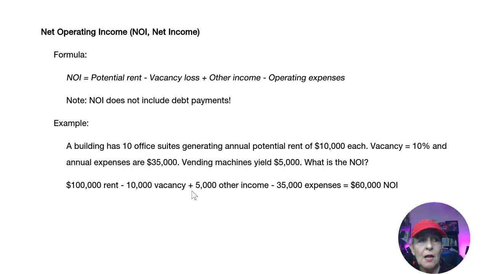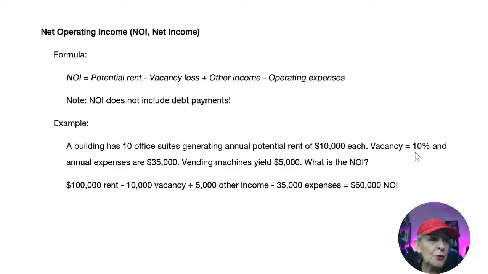Vacancy plus vending machine, 5,000 other income, minus expenses, 35,000 equals 60,000. So they gave us the potential rent of 100,000. They gave us a 10% vacancy loss. They gave us other income, which was the vending machines, and they gave us the operating expenses. So that's how that is calculated there.